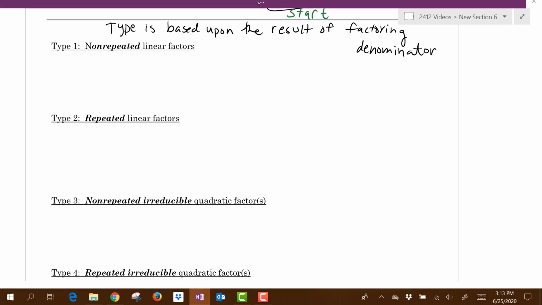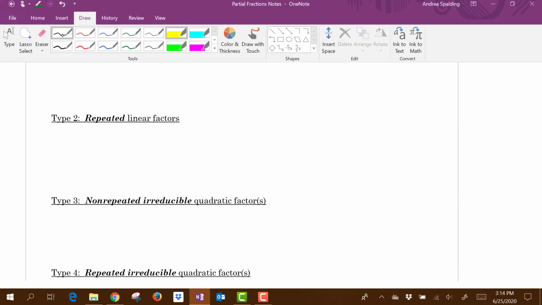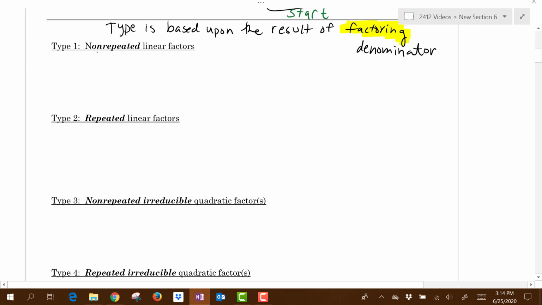Okay, so one of the things that you'll have to remember how to do is how to factor. Quadratic formula doesn't actually work here, so make sure that you know how to factor before we go into these. Alright, type 1. Type 1 is what we would call a non-repeated linear factor.